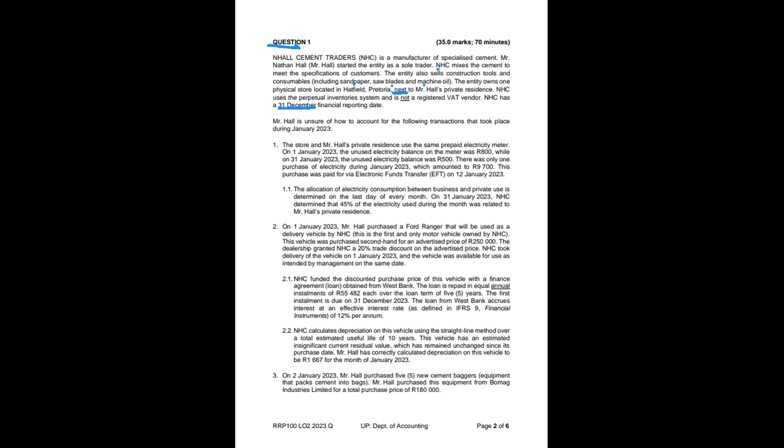Cool. So it says Mr. Hall is unsure of how to account for the following transactions that took place in January. The first one says the store and Mr. Hall's private residence use the same prepaid meter. Now, you guys would remember that we did do an example of a prepaid electricity meter in class.